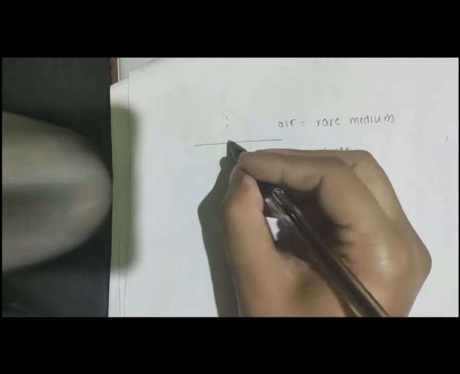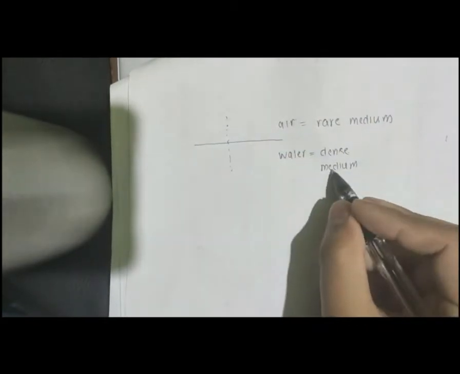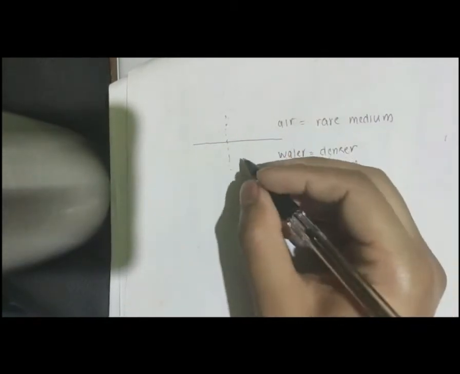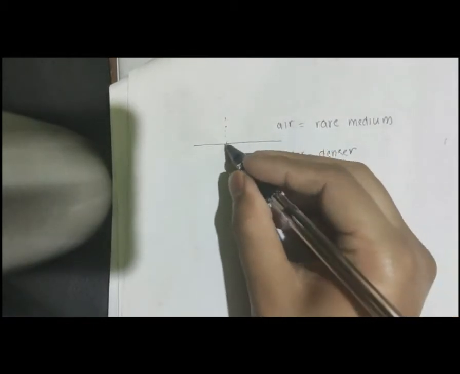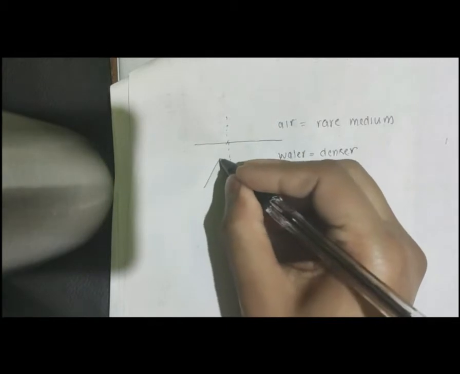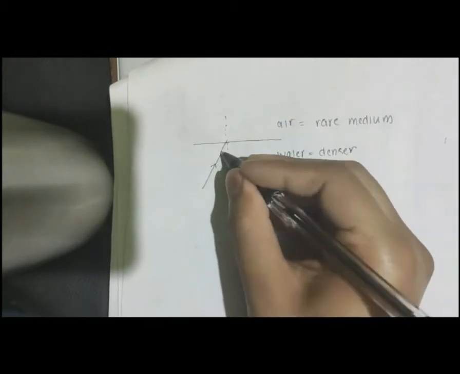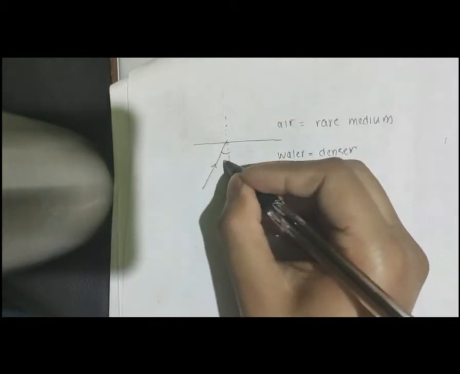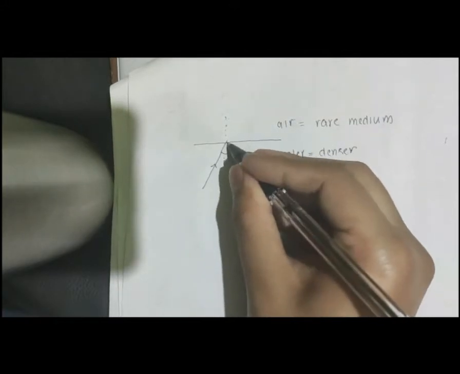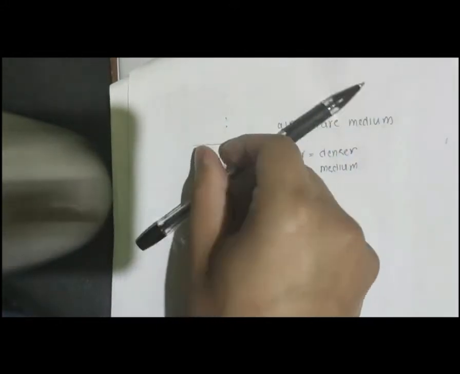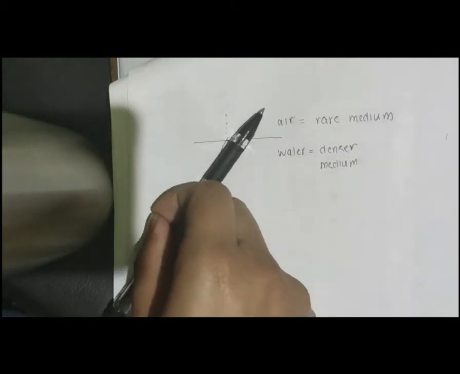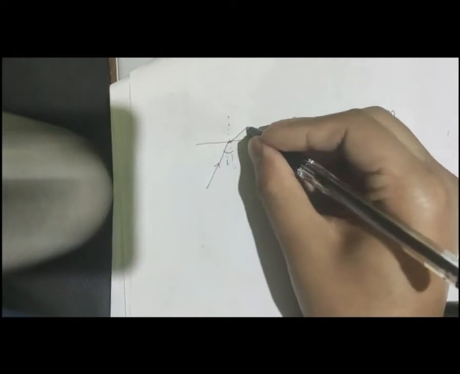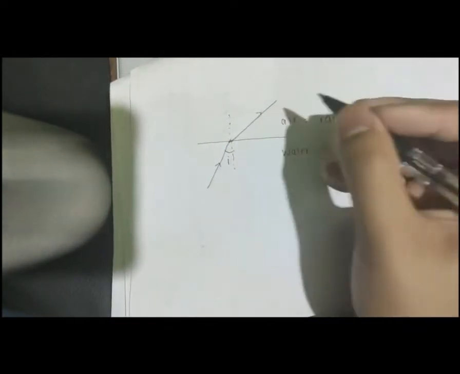Whenever a light passes from a denser medium to a rarer medium, what happens? Suppose this is my denser medium, okay? The light is going in this direction. What happens after refraction? It will bend away from the normal. If the light is going like this, after it passes to the second medium, it will bend away from the normal. So in this case, my light will be bending away from the normal.